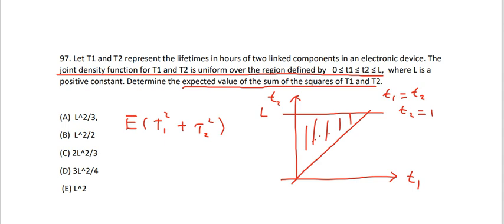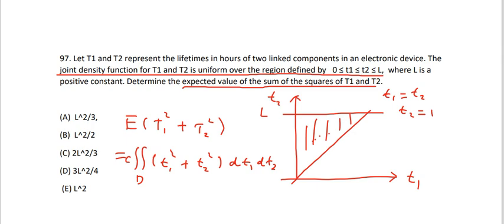This is just a double integration over this region D of T1 squared plus T2 squared. And the density function is constant, so we put it outside as a constant, times dT1 dT2.